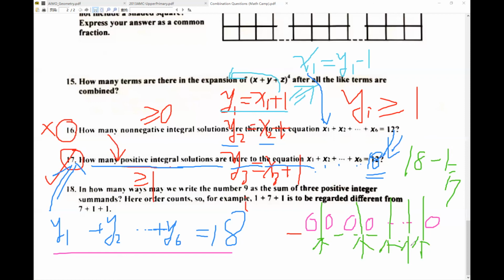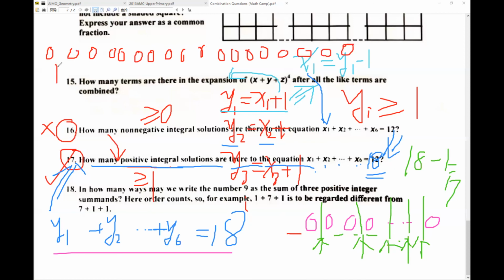Do you remember? Or do you want me to write down all the 18 on the board? Okay, no worry. 1, 2, 3, 4, 5, 6, 7, 8, 9, 10, 11, 12, 13, 14, 15, 16, 17, 18. Right?